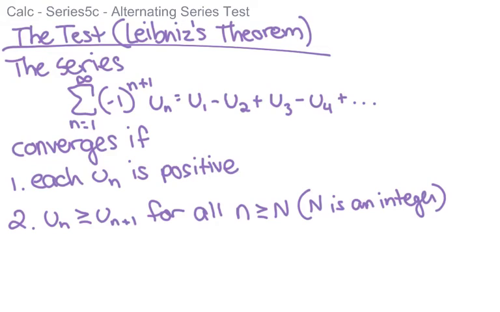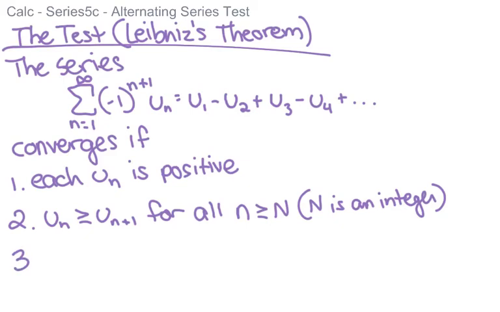It's 1, 1, 2, 3, 5. And then they start to decrease after that. And then what this means, it says for all n greater than or equal to big N. That means if we start at big N, call it 1, then this must be true for all n's greater than that 1. So we're just starting at an arbitrary big N, whatever we choose or whatever we're given.